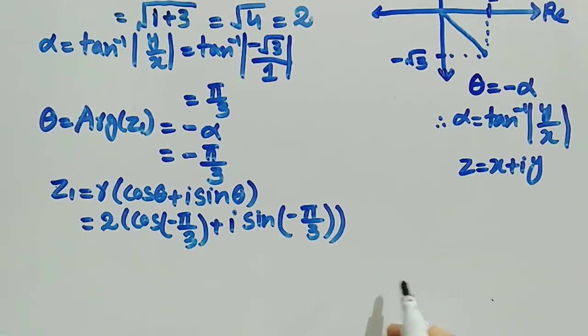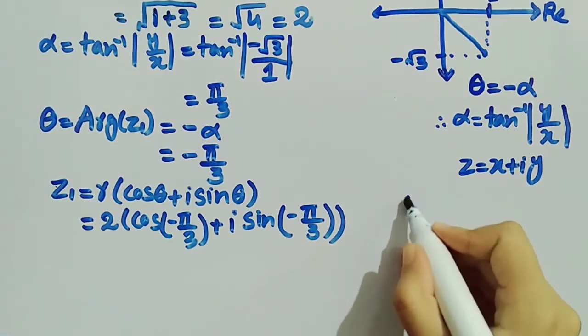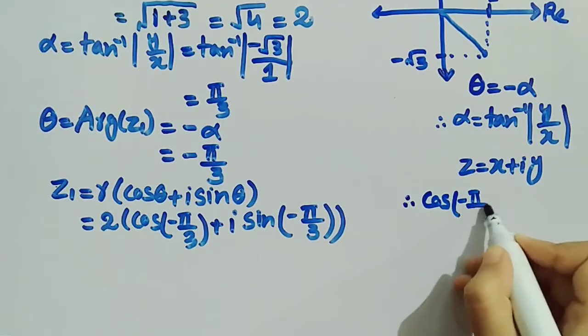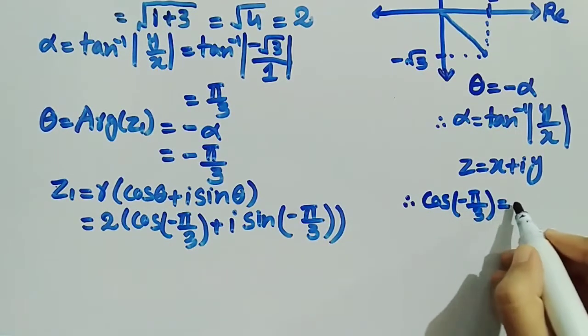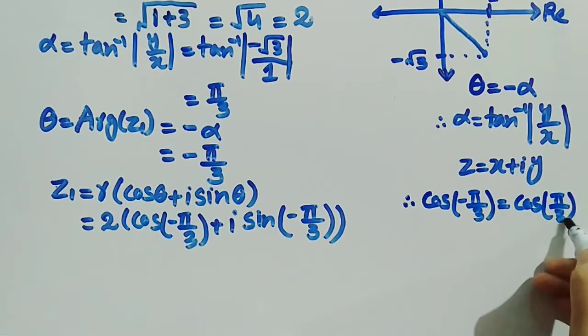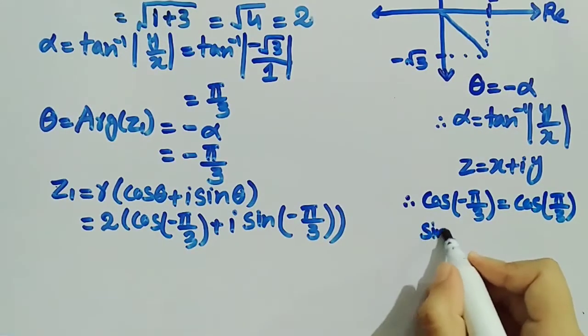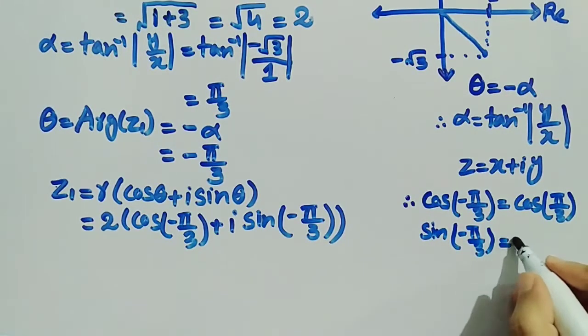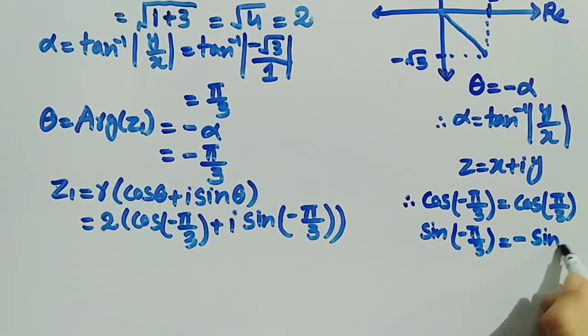From the properties of trigonometric functions, we know that cos minus pi by 3 is equal to cos pi by 3, and sin minus pi by 3 is equal to minus sin pi by 3.